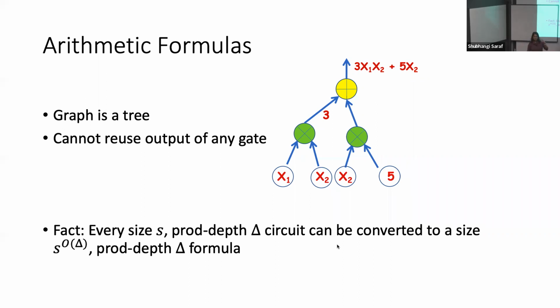If the depth or the number of product layers is at most delta, a size S circuit will go to a size S to the delta formula computing the same polynomial. So when delta is constant, and you don't care about polynomial factors, then circuits and formulas are basically the same. But for larger depths, it makes a difference.